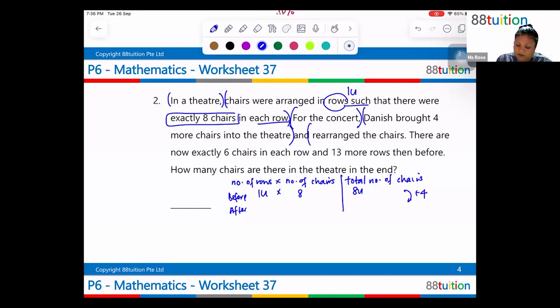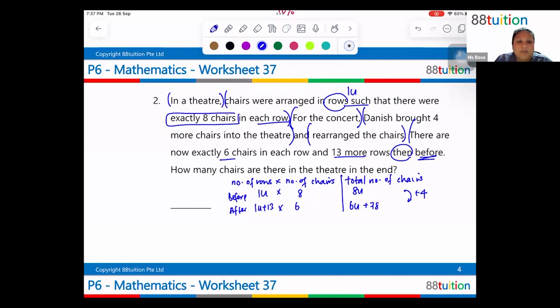Because of that, he rearranged the chairs. There were now exactly 6 chairs in each row, 13 more rows than before. Before is 1 unit. Now would be 1 unit plus 13. This gives you 6 units plus 78, because 13 times 6 is 78.